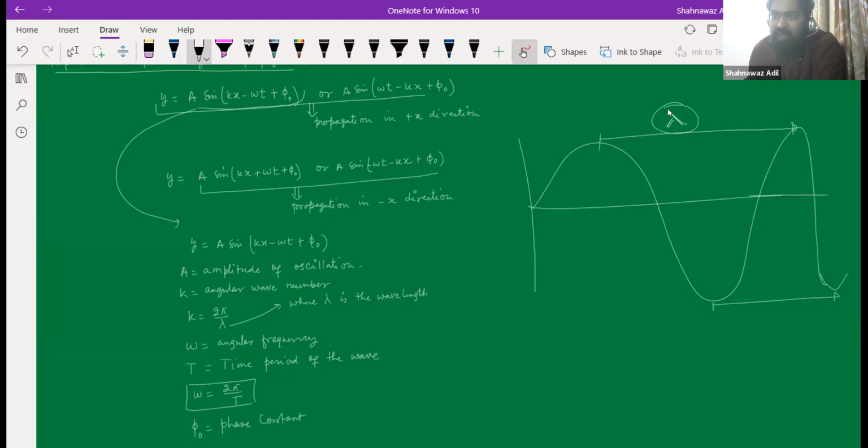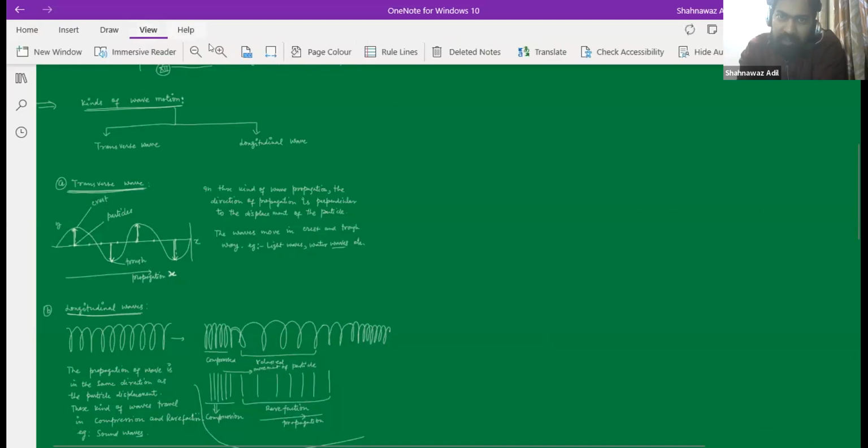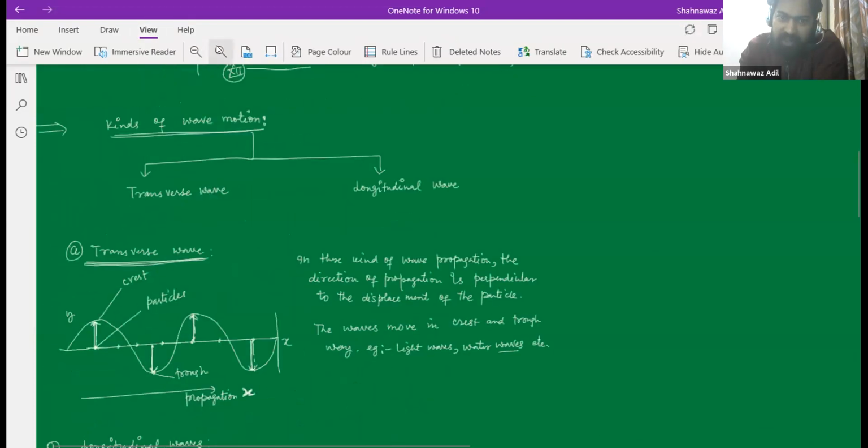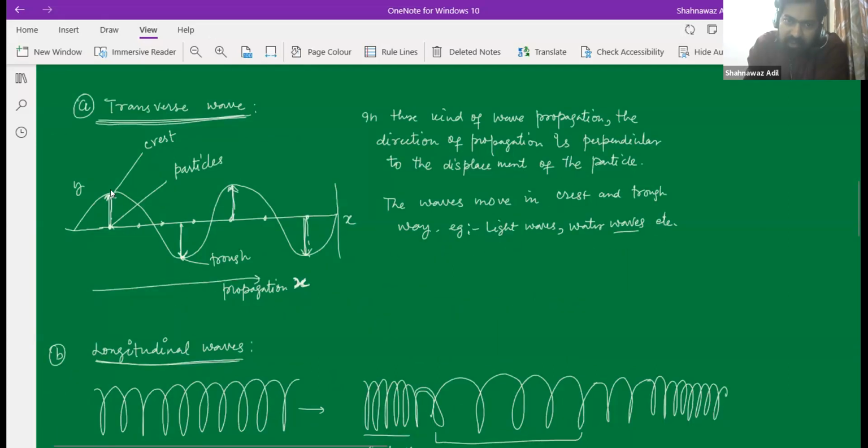This is the wavelength lambda of the transverse wave.